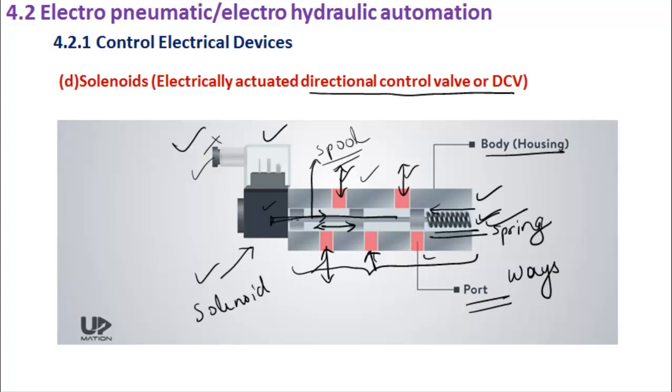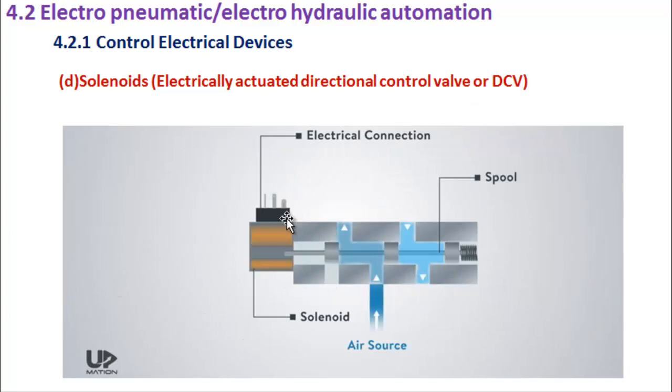Okay, now let us see how this works. So you are having the electrical connection. This is the solenoid. When the electrical connection is going and the coil is energized, here they have shown the coil to be energized by showing this yellow color. So when the coil is getting energized, the spool is pushed. And when that spool is pushed, you can see that these are like blocks.